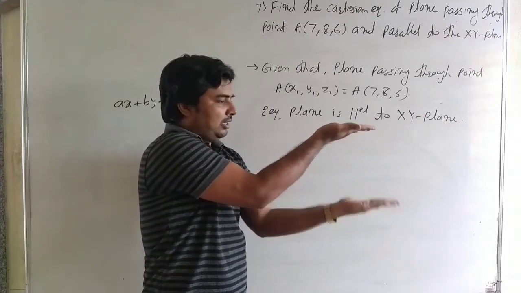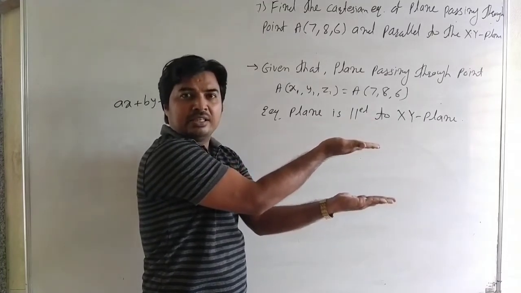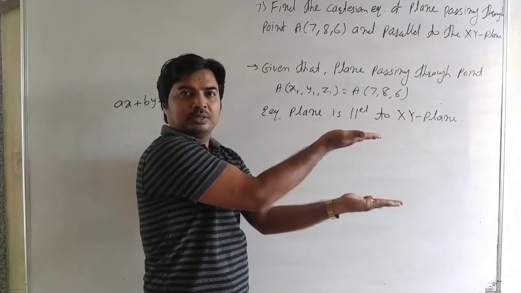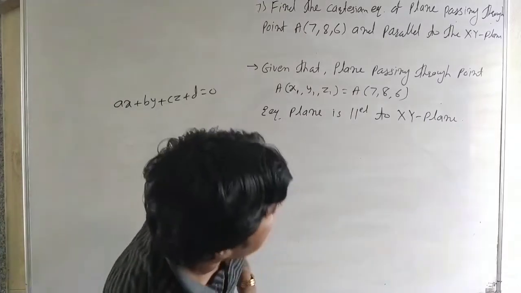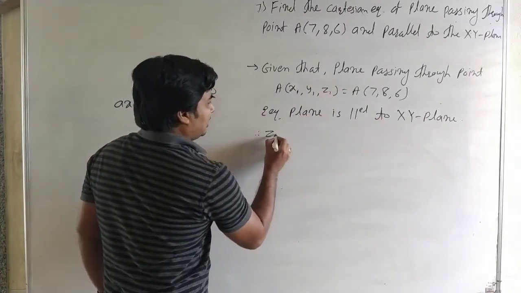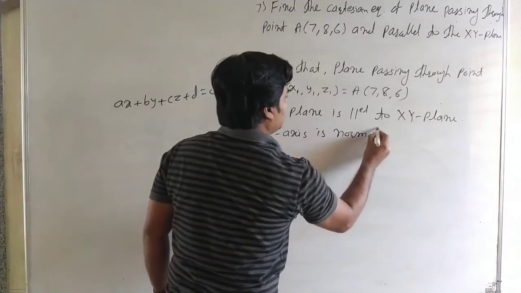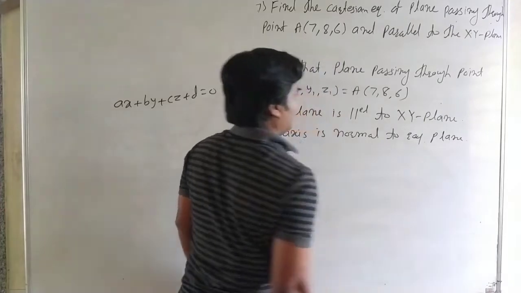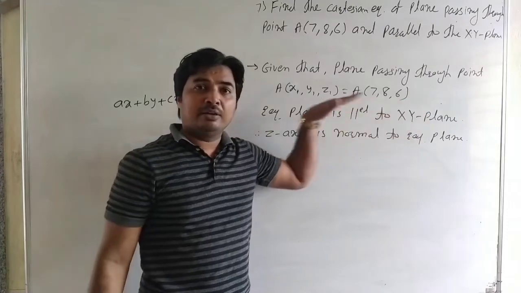Both planes are parallel, and the z-axis is perpendicular to the xy plane. Therefore, it is perpendicular to our required plane. That means the z-axis is normal to the required plane, because the z-axis is perpendicular to the xy plane and the xy plane is parallel to the required plane.